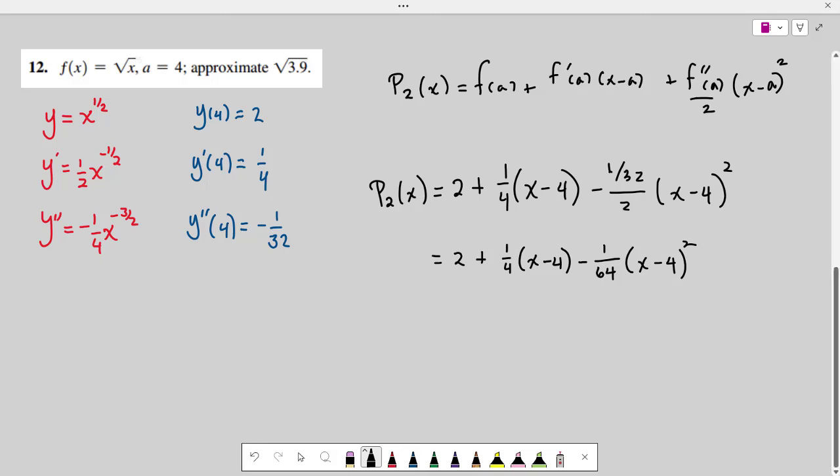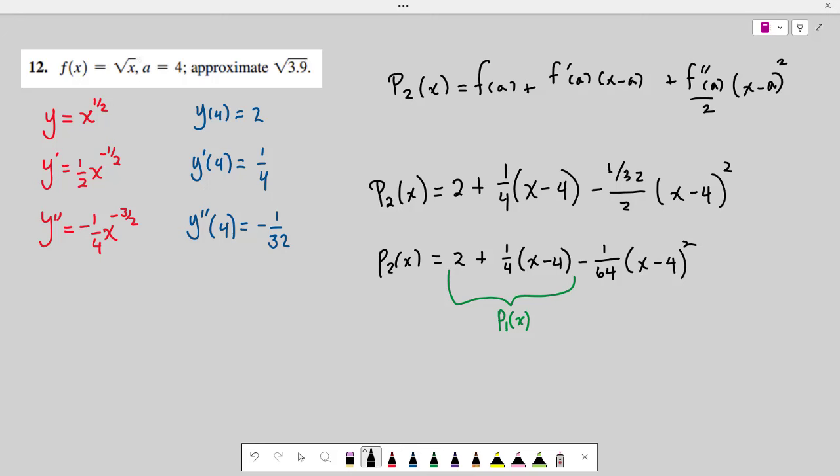And these first 2 terms, there's our tangent line right there. That's p sub 1 of x. Is this kind of like linear approximation, except that it's not? It is linear approximation for here, but then it becomes quadratic approximation.